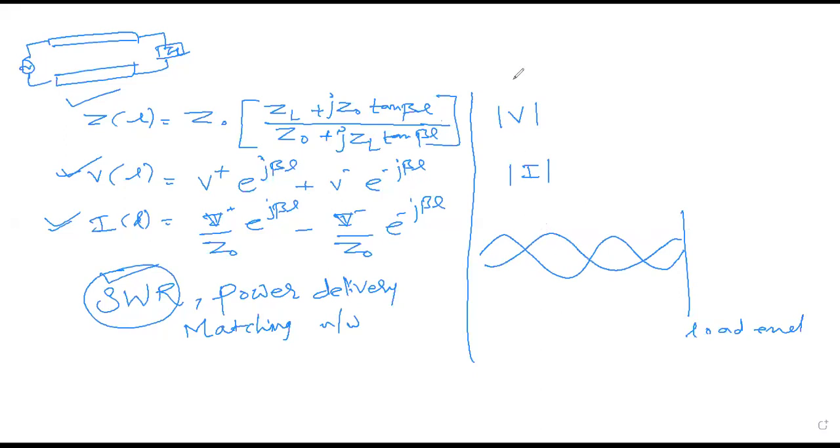If there is a phase difference phi between voltage and current, we have cos of phi, which is called the power factor, which you may remember from your basic subjects.